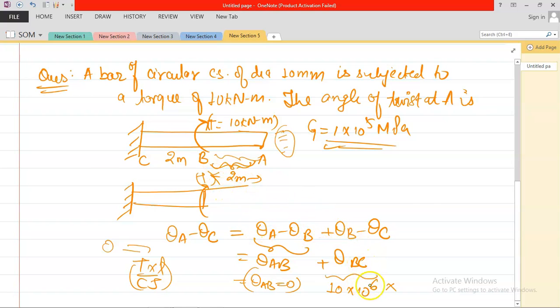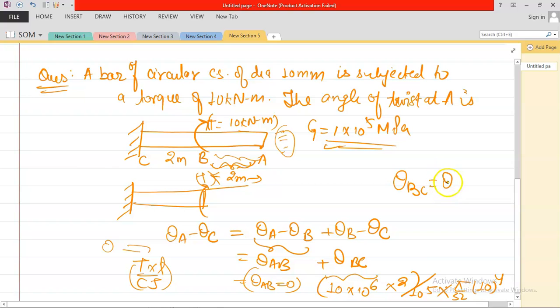So this is your torque into length, that is 2 meter, divided by G into J. G is 10 raised to the power 5, J is pi by 32 into 10 raised to the power 4. So your angle of twist theta BC, that is equal to theta AC also, because theta AB is 0. This is 1.17 degree. Okay, this is your answer for theta AC.